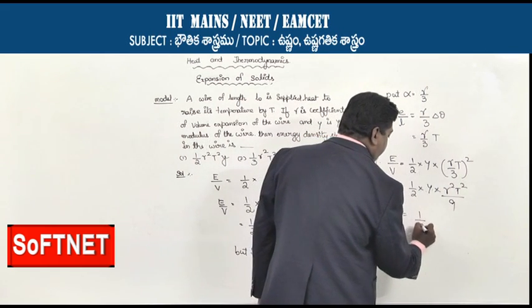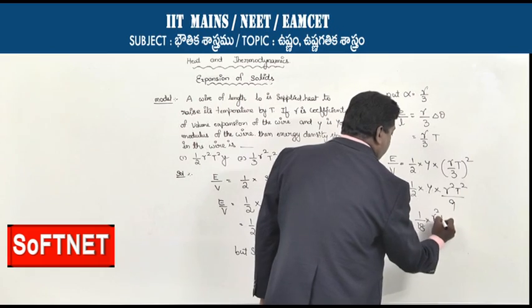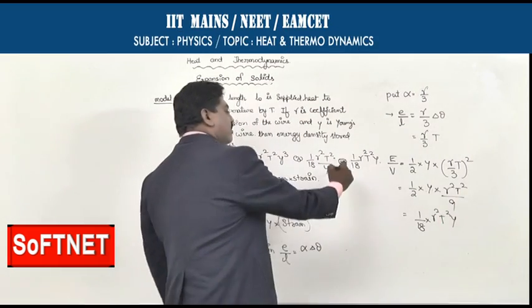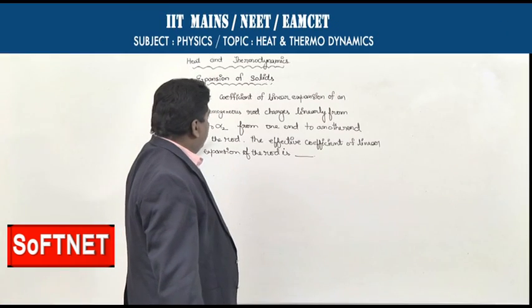So we are having 1 by 18 into gamma square T square Y, which is our fourth option. Now let us take another model here.